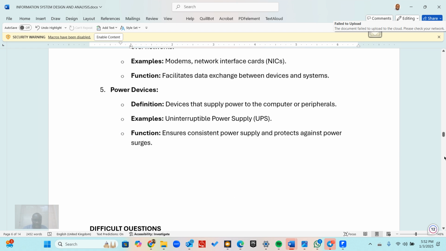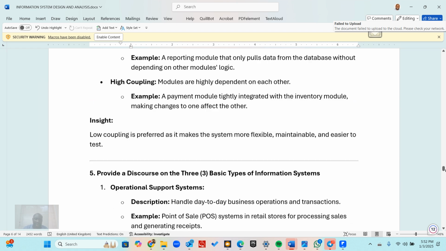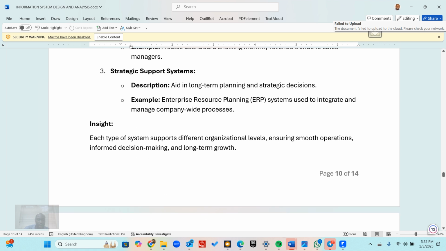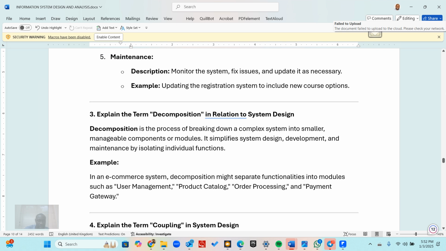Here, decomposition is breaking down a complex system into smaller manageable components or modules.